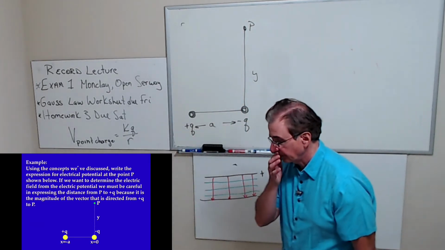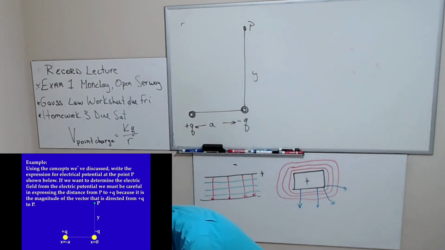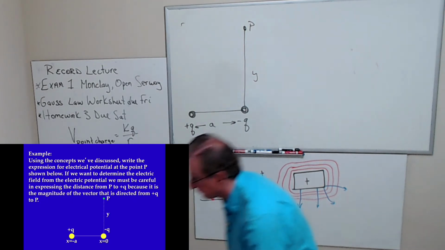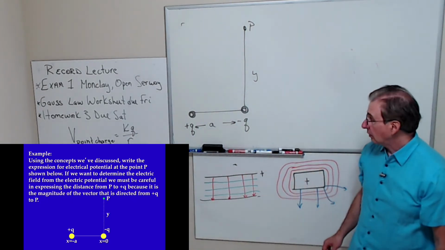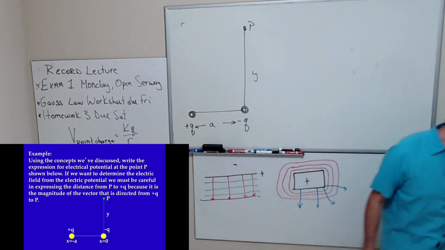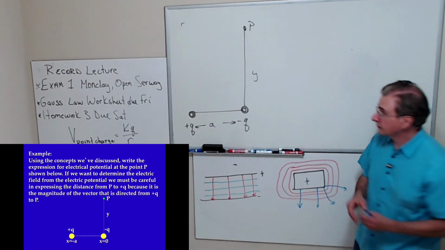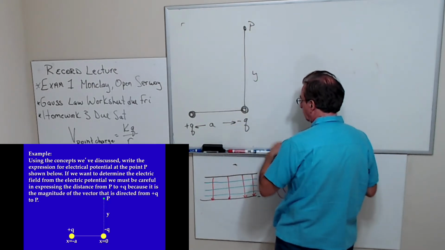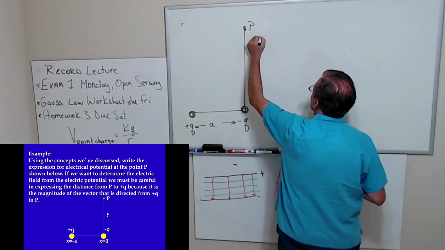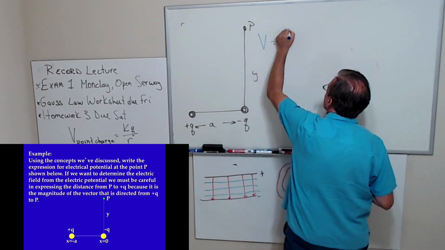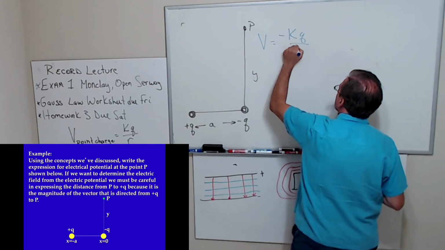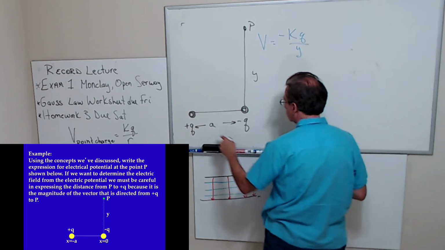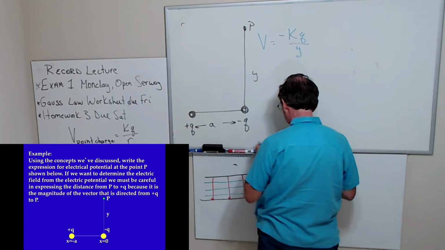Maybe I can make this a little bit bigger. This problem is actually not very difficult, because all I got to do is find the potential at point P due to this charge, and the potential at this point due to this one.